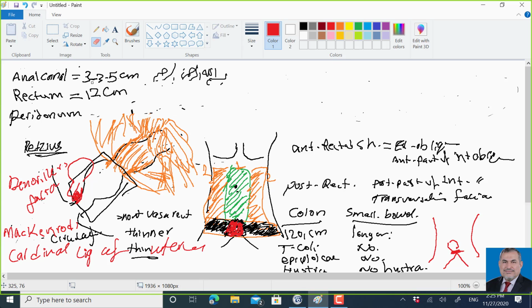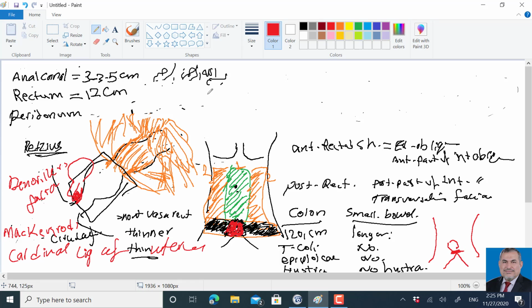What are the boundaries of femoral triangle? This is the thigh.